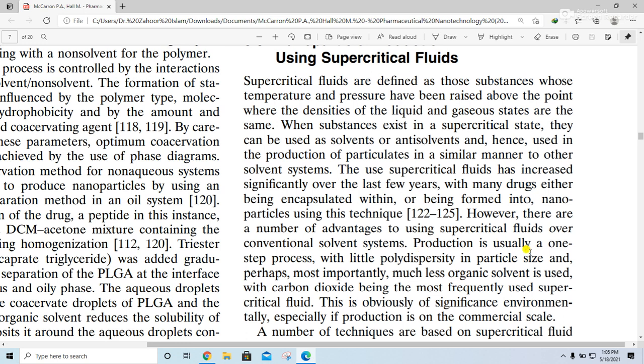Production is usually a one-step process with little polydispersity in the particle size, and perhaps most importantly, much less organic solvent is used, with carbon dioxide being the most frequently used supercritical fluid. This is obviously of significance environmentally, especially if the production is on a commercial scale.